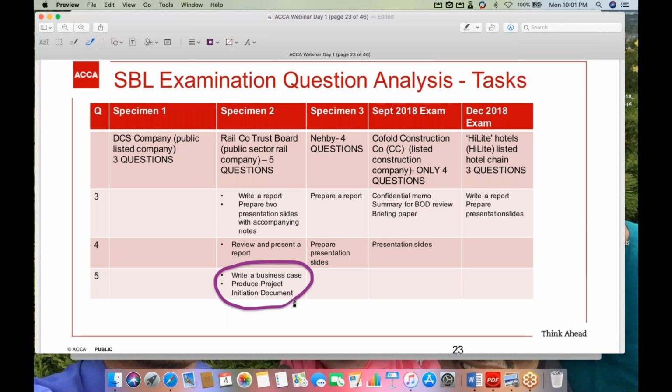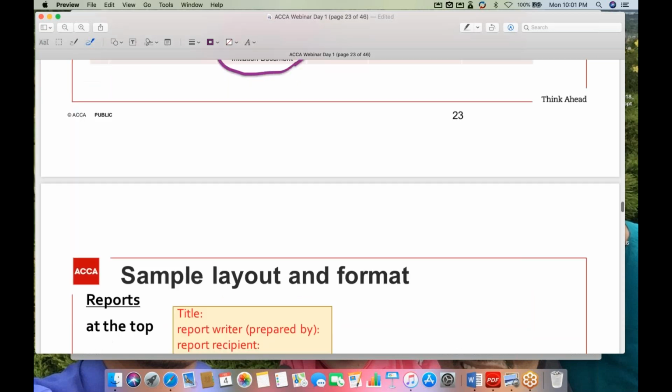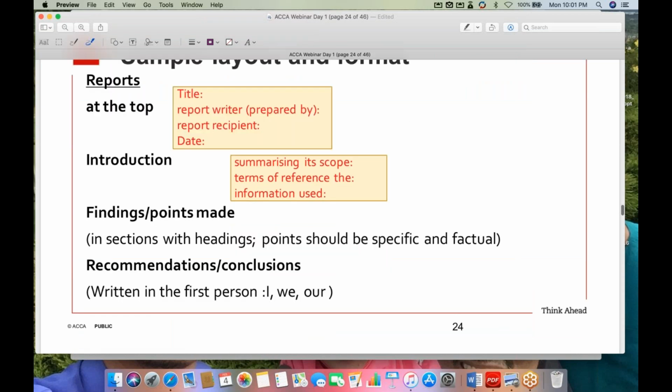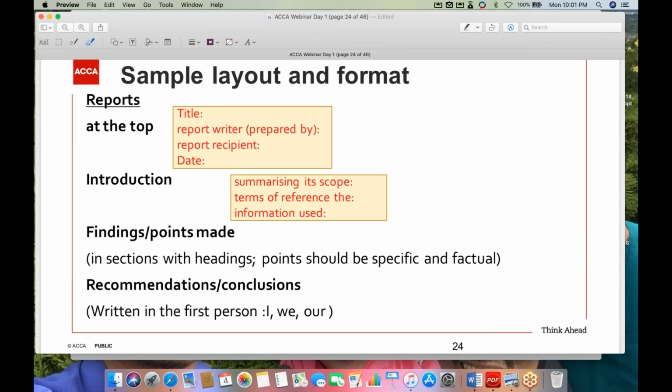So specimen 2 asks you to do this particular business case and project initiation. This is a sample layout and format.